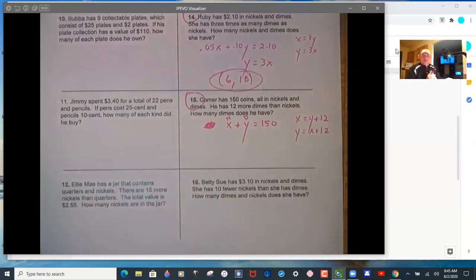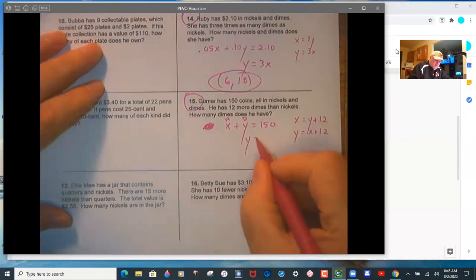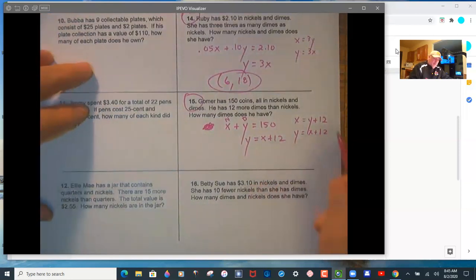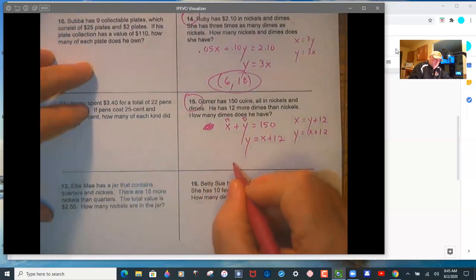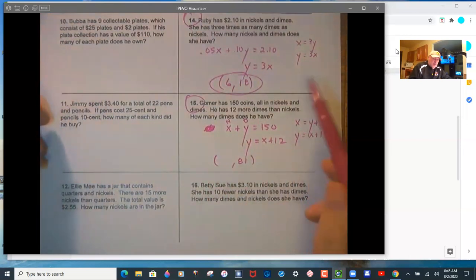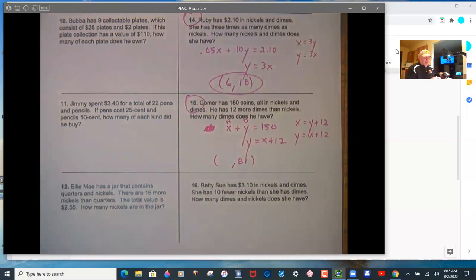So sometimes it's a little bit tricky. So how many dimes does he have? So it's going to be 81. And then the nickels would be whatever 150 minus 81 is, 69.